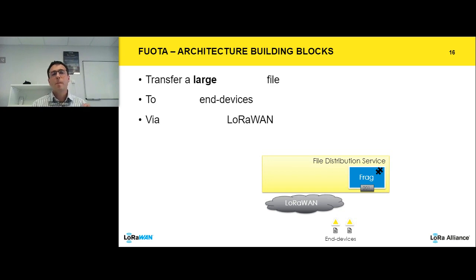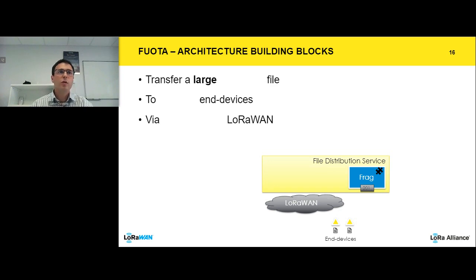It's a means to cut a given data block, a given file, a given blob of data into multiple pieces so that it can be sent over LoRaWAN to end devices. This is where, in the fragmentation specification, we describe the forward error correction algorithm and integrity of the fragments and anything related.